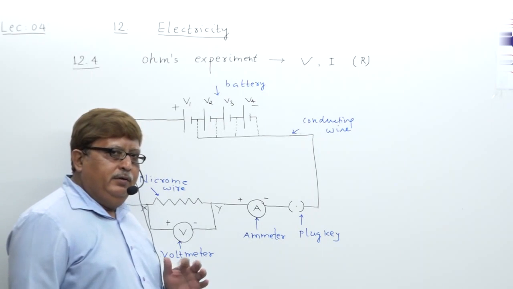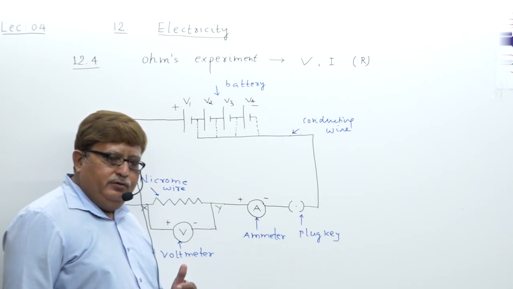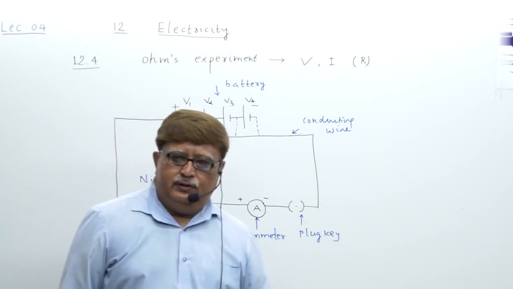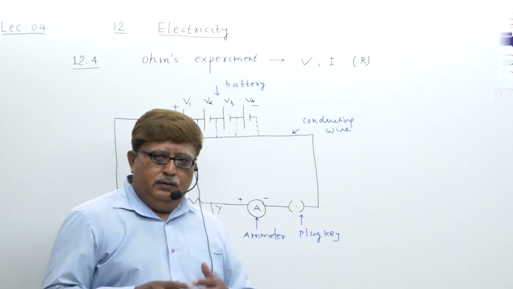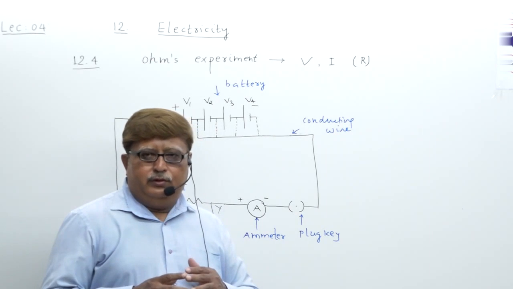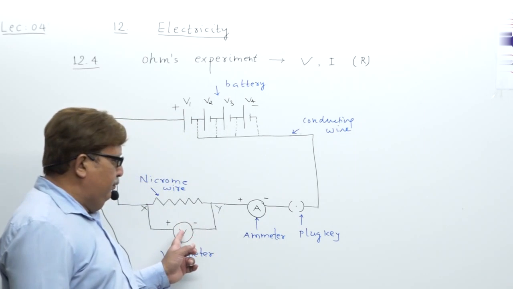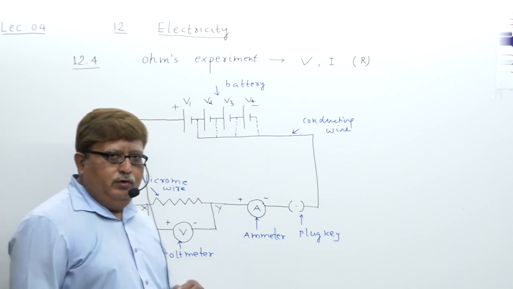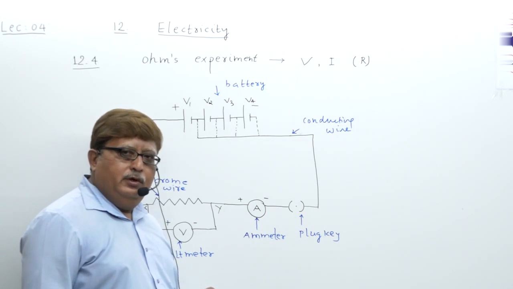Every now and then, stage-wise, when you perform this particular experiment, you have to take observations of V and I, V from the voltmeter, I from the ammeter.